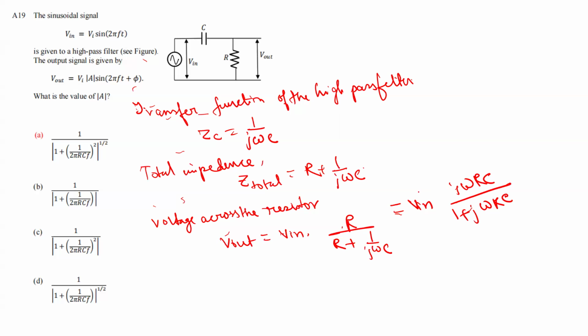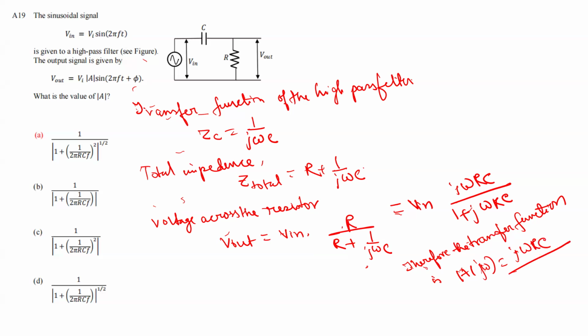Right, therefore the transfer function is H of j omega equal to j omega RC by 1 plus j omega RC, right?